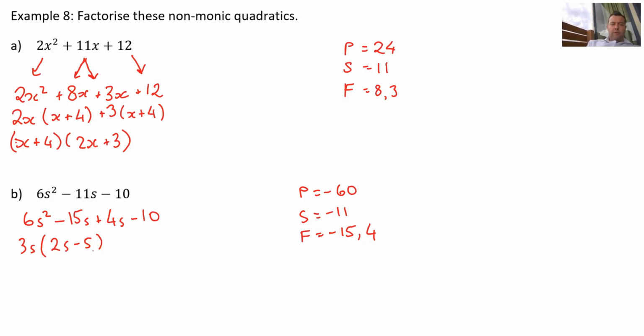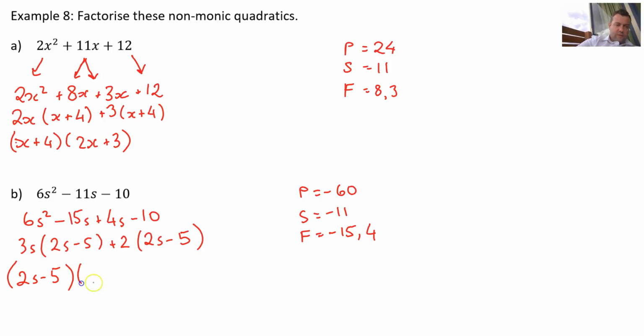Hopefully we get the same thing. So I'm going to take 2 out of this. Yep, wonderful. And that means that I get, whoops, that's not what happens. 3s plus 2. Righto, we can expand that, we get back to there.